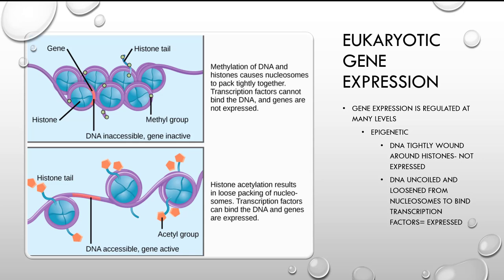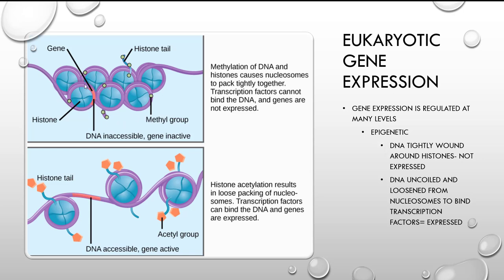So starting at the epigenetic level, epigenetic basically means that it'll be expressed based on the environmental conditions, okay? So you can see an example here that when the DNA is tightly wound up, that means that the gene's not going to be expressed.